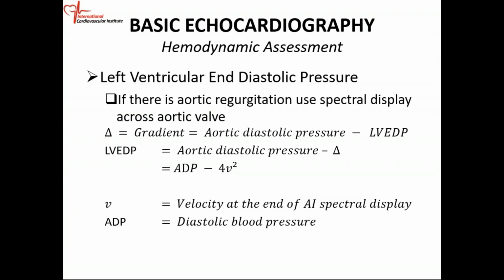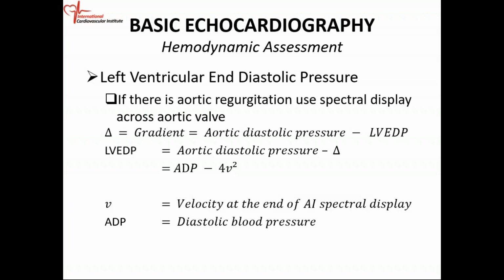So we can get our LV systolic and diastolic pressure. Remember, this LV systolic pressure, same thing as the blood pressure. So we got our left atrial pressure. We showed you how to get that. We're going to show you how to get your left ventricular end diastolic pressure.